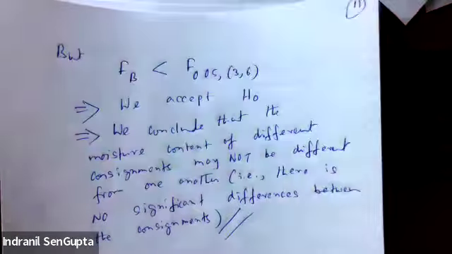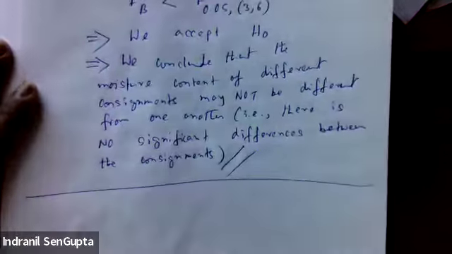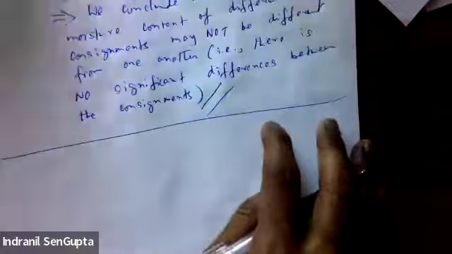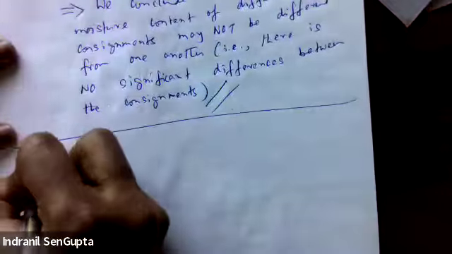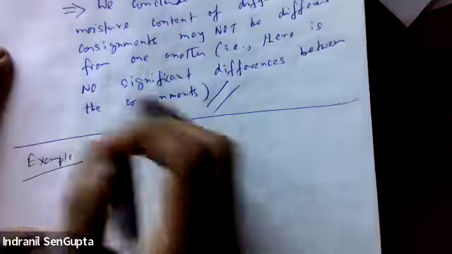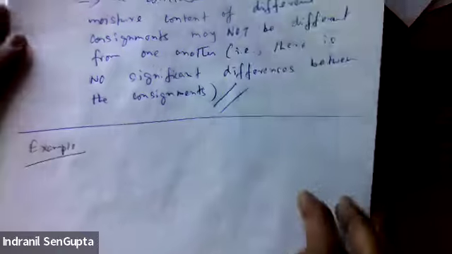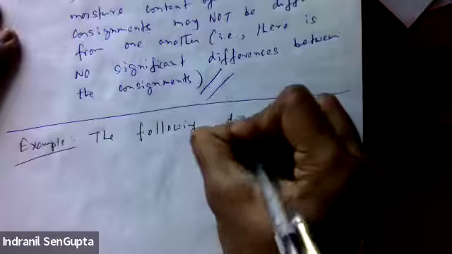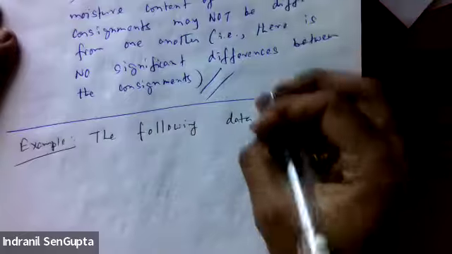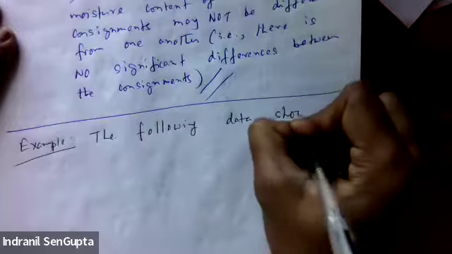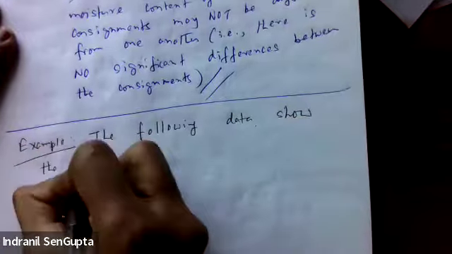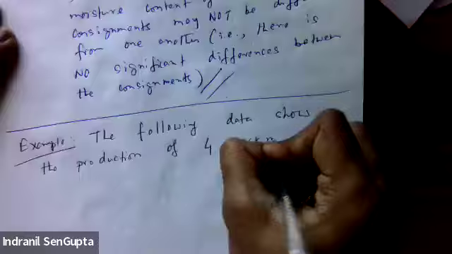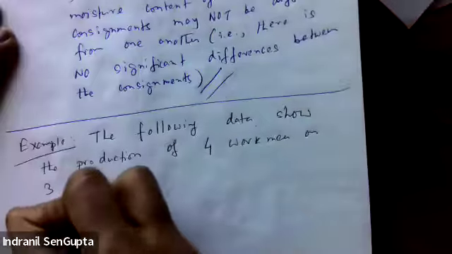Now let's solve another example, just to reinforce this idea. It goes like this. The following data show the production of 4 workmen on 3 machines.